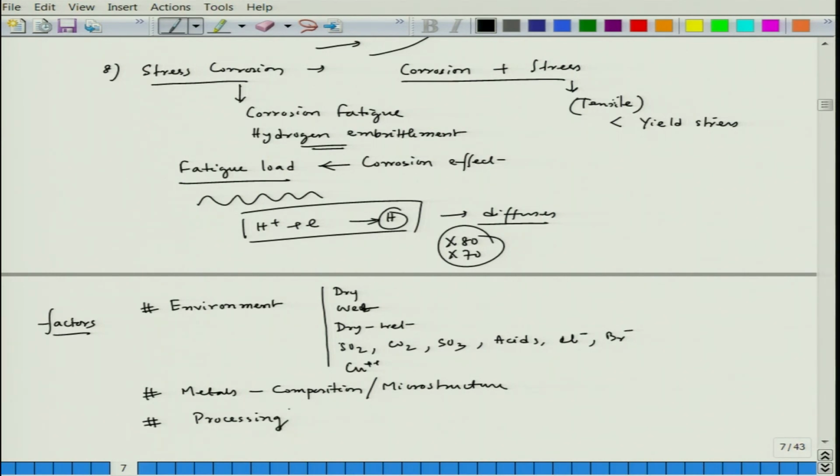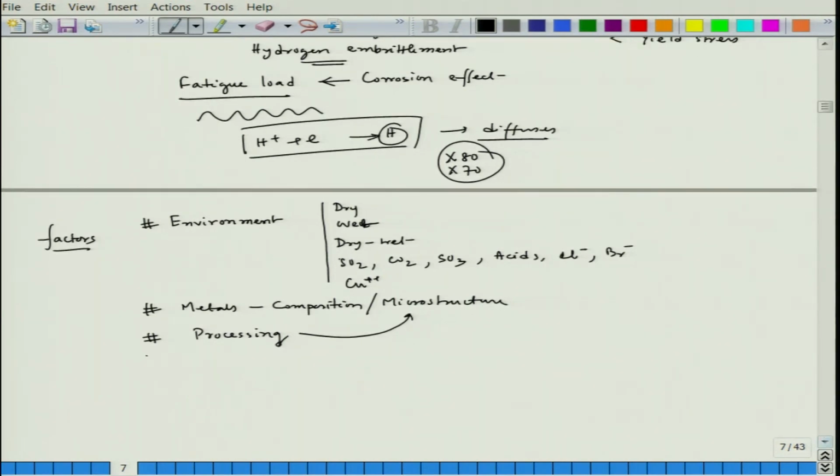This processing changes microstructures. Then there is the possibility of design. With faulty design, even if the corrosion effect is there, the magnitude of corrosion failure would be extremely high. It can be multiplied if there is a design failure. So, we will talk about that.